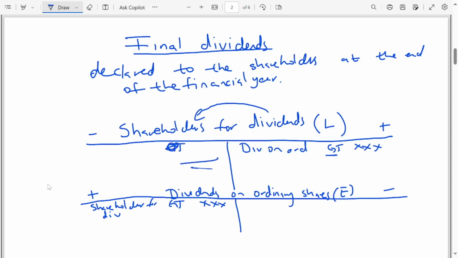So now let's say this is the next financial year. Once you're in the next financial year, and these final dividends that you owed for the last year are being paid, it means that shareholders for dividends, which is a liability, will now decrease. And the decrease is on the debit side, as we are paying. So this is how we should treat this.